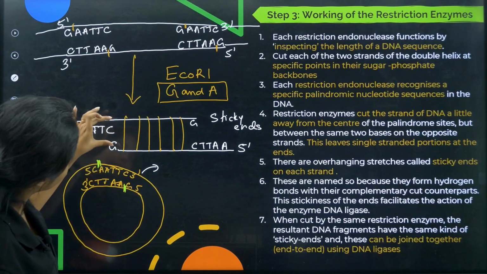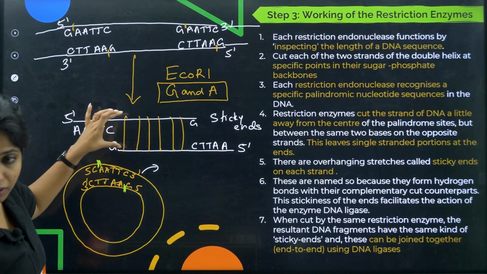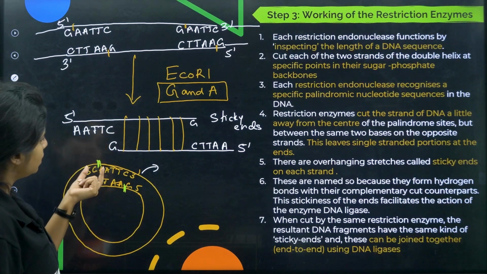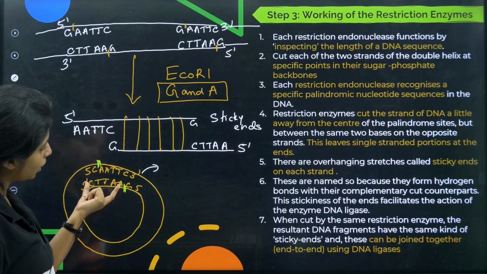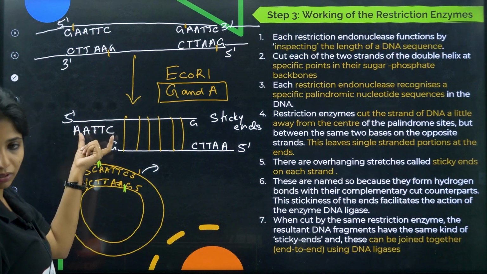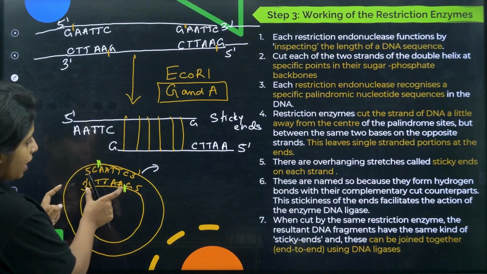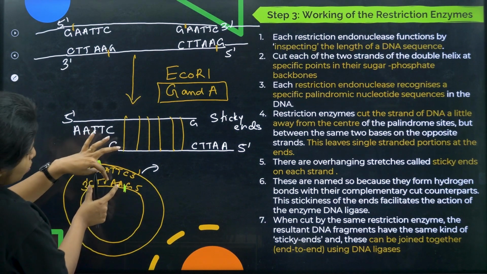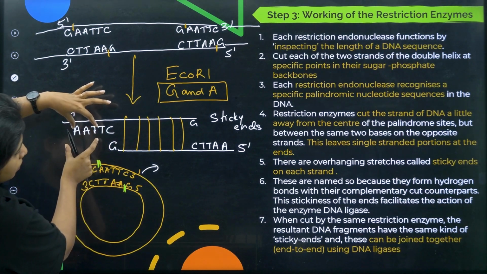Now over here, if I put this in between, what will happen? These guys which are there over here will form a complementary base pair with this. Because I have an extra sticky end over here, this will go and bind with this.